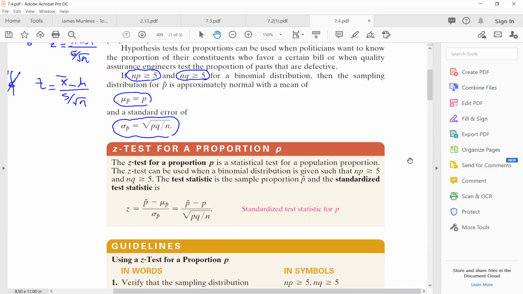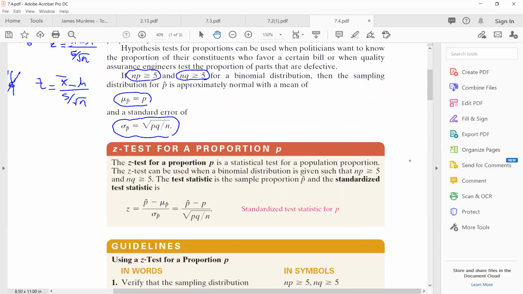For proportion, we use the z-test. The z-test for proportion p is a statistical test for the population proportion. The z-test can be used when a binomial distribution is given such that n times p is greater than or equal to 5 and n times q is greater than or equal to 5.